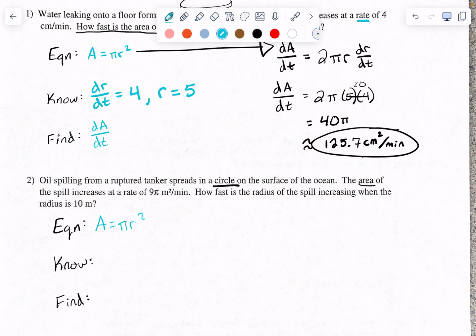How fast is the radius increasing? So the rate of the radius is what you're trying to find, dr/dt.